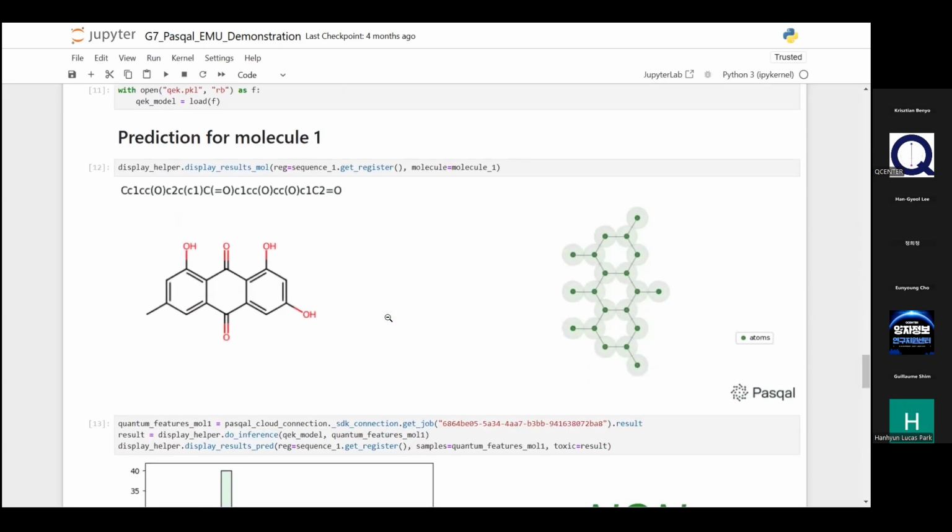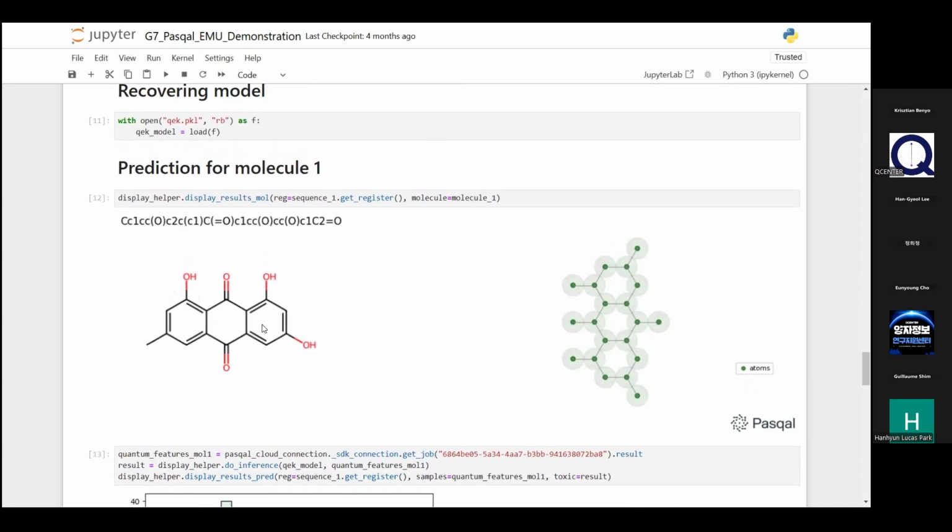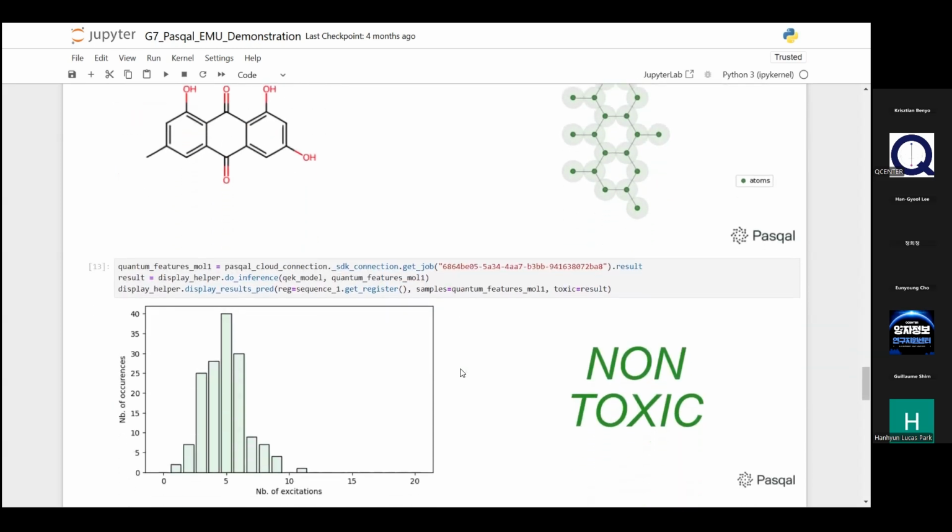Once we have done this atomic encoding and carried out the experiment, we will obtain a probability distribution. In this case, it is measured by how many excitations we have observed.